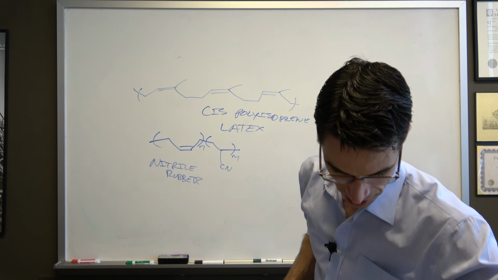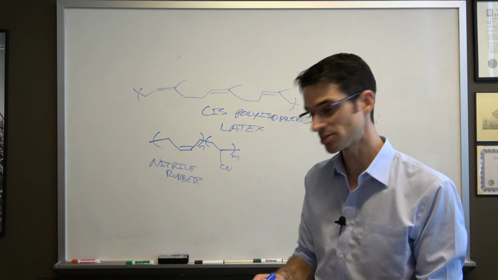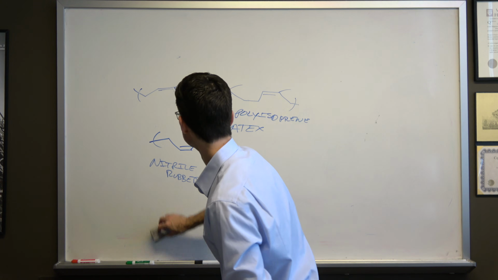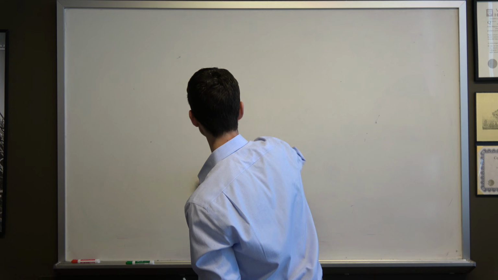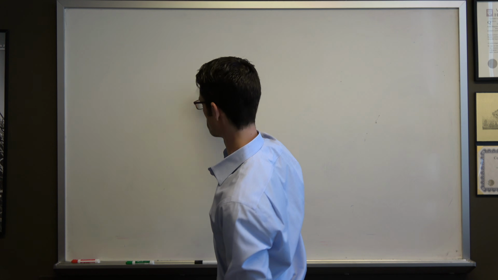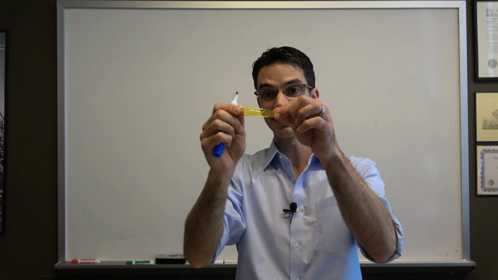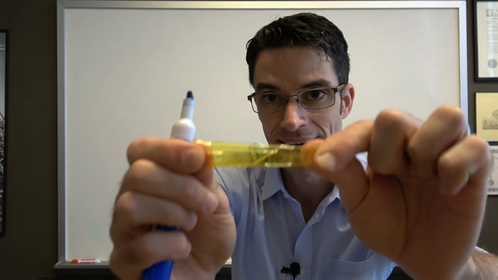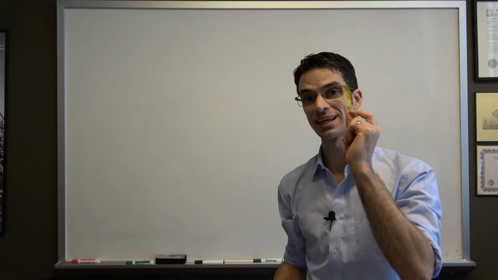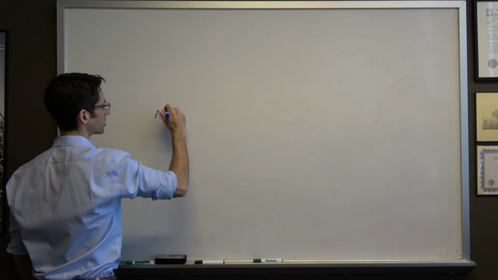Just a couple of other interesting materials that have high tensile strengths due to structural rigidity instead of materials that have a lot of free volume in them, like the rubber materials that I just drew. Structures like this is called Kapton or polyimide, and it's used quite often in high temperature electronics applications. And it has the structure.